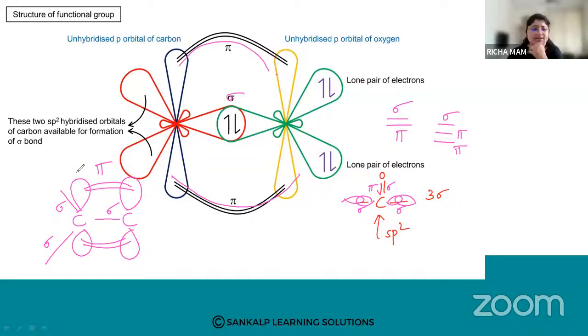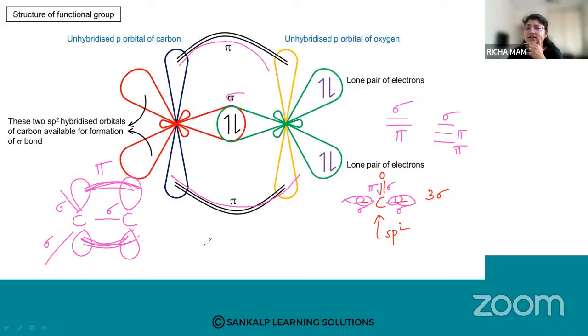So the unhybridized p orbital overlaps with the p orbital of the oxygen atom, and they form a pi bond. This pi cloud is one above and one below the plane of the molecule. So one of the pi bond lobes is above, another is below the plane of the molecule.